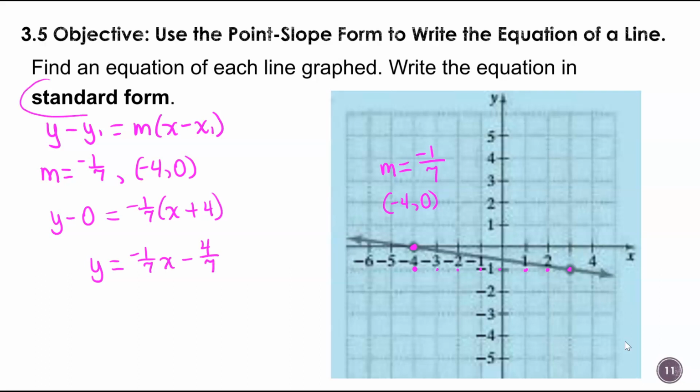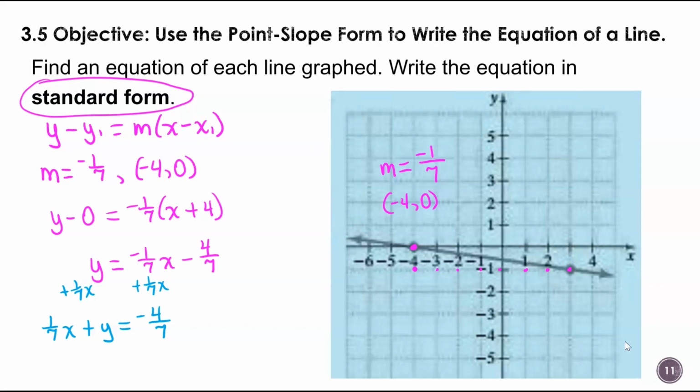Now this one was write the equation in standard form. So we have to add 1/7 x to both sides. All right. Plus y equals -4/7. And then we have to clear the fraction.